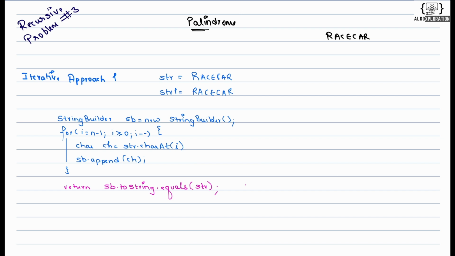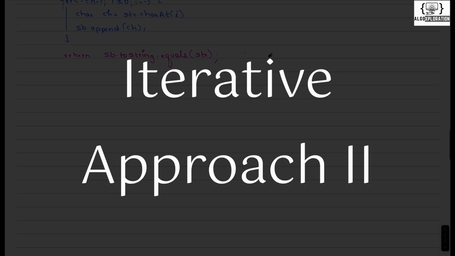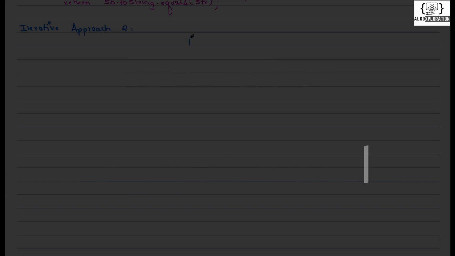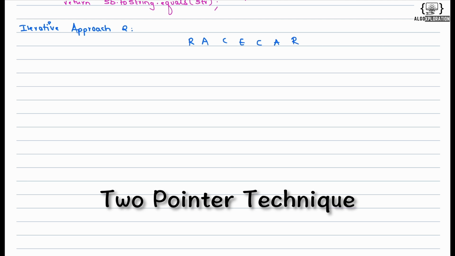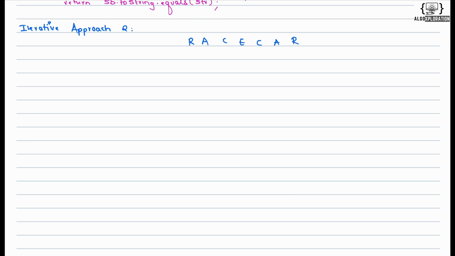There is another approach as well. Let's see that, taking the same example. Here I will take the help of the two pointer technique, such that one variable will be pointing to the left corner of the word and the other will be pointing to the right corner. Now I'm going to check whether these two letters are equal or not.